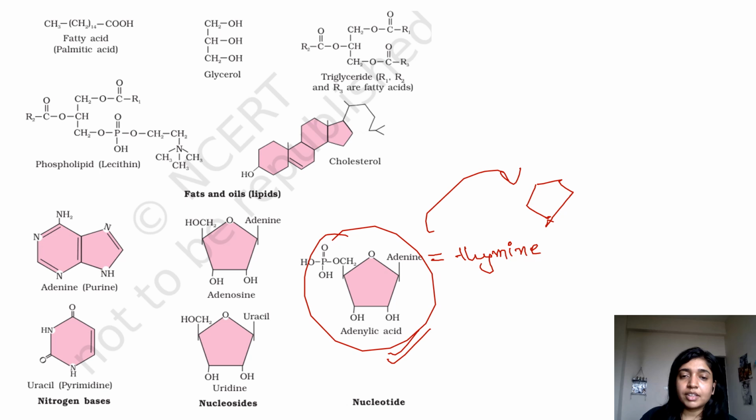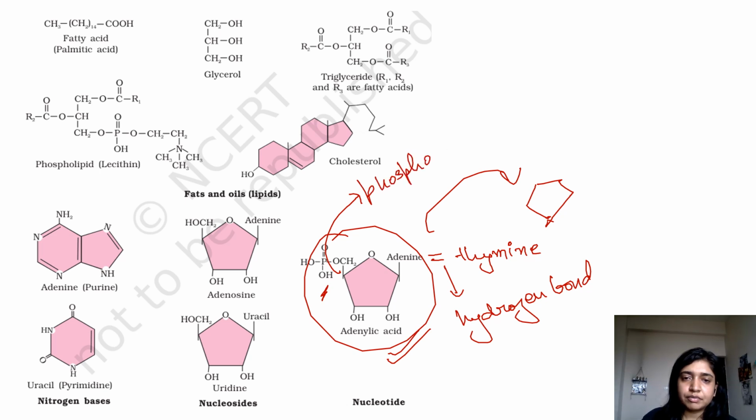This type of bond is known as hydrogen bond. This phosphate group attached to your sugar, this bond is known as phosphodiester. And from this OH, another sugar molecule would be attached via this linkage. So that is known as your glycosidic.